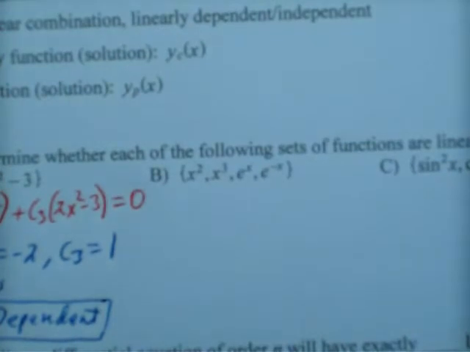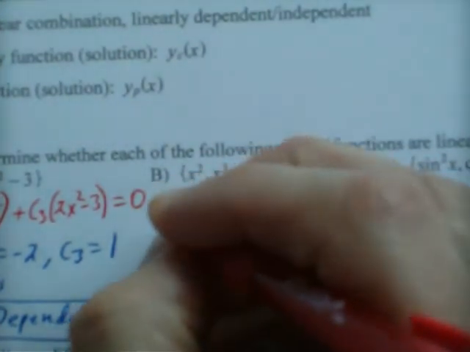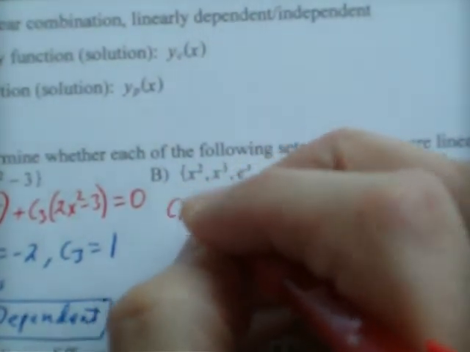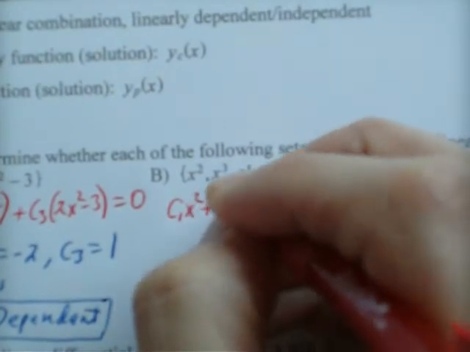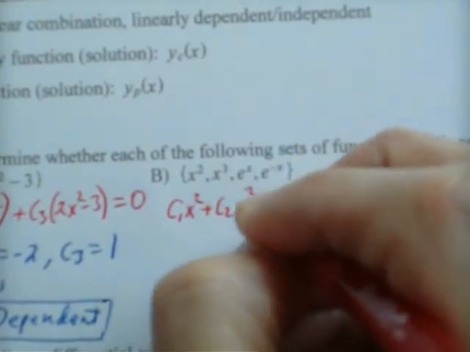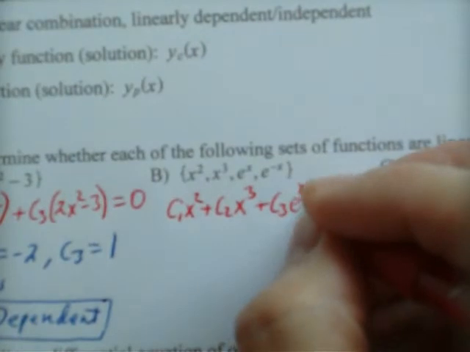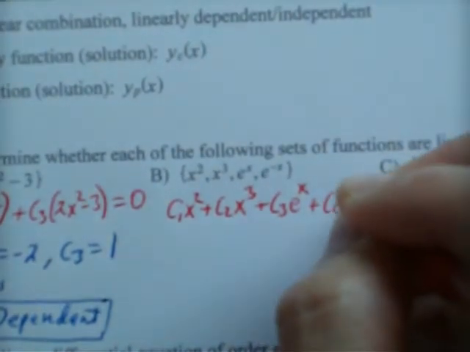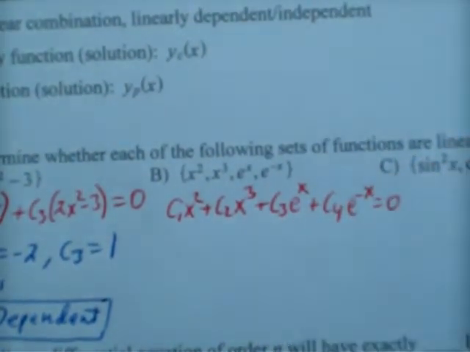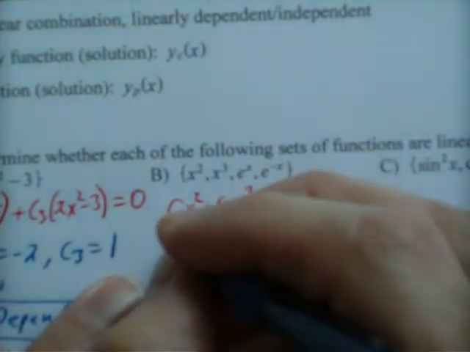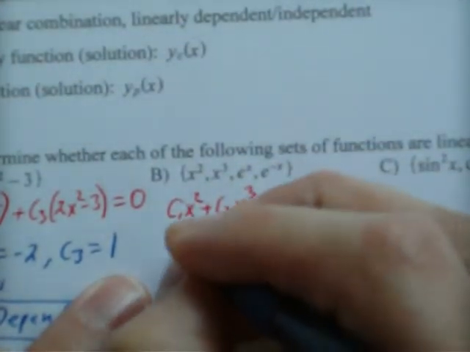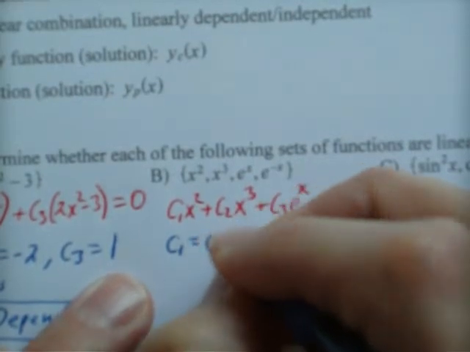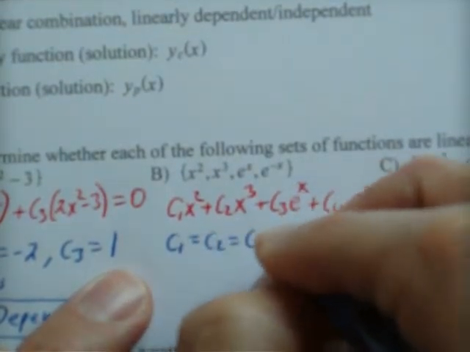To spell it out again, if I take c1 times x squared plus c2 times x cubed plus c3 times e to the x plus c4 times e to the negative x and set that equal to 0, then it must be the case that c1 equals c2 equals c3 equals c4 equals 0.